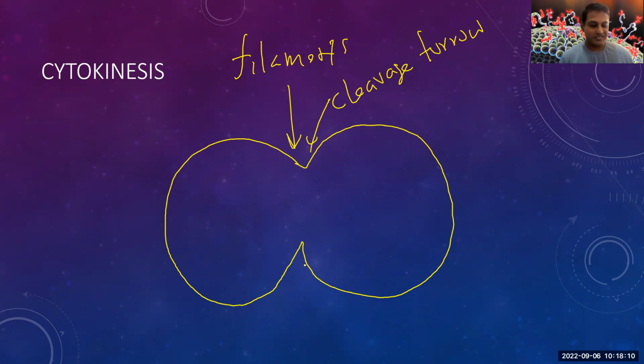Okay, yes, can you remember? Chitsara. Very good. Microfilaments of actin. Now, this is the knowledge you need, right?